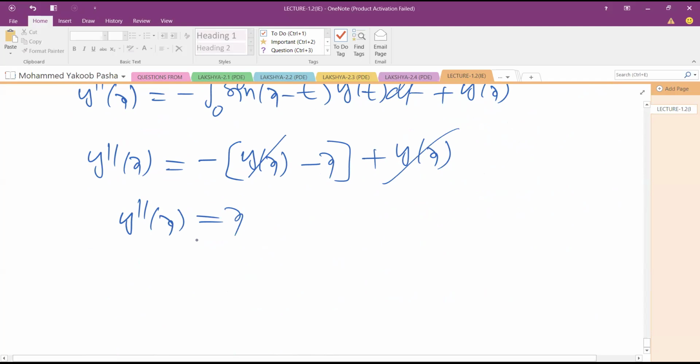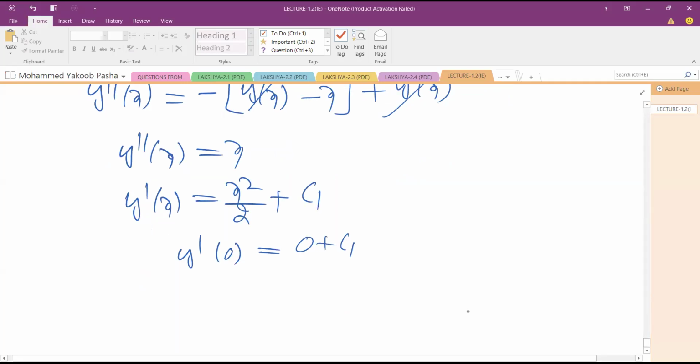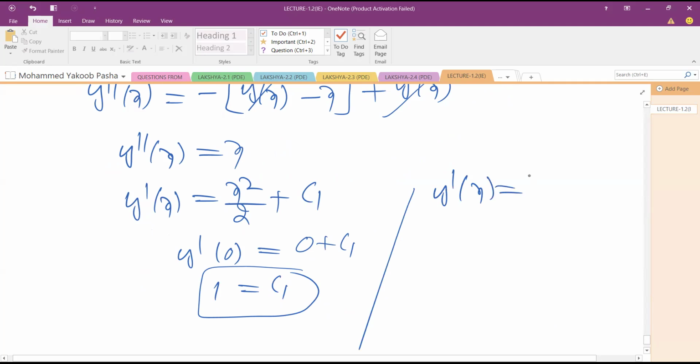So we need to calculate y of x. Integrate y double dash of x, that is equal to x square by 2 plus arbitrary constant c1. And y dash of 0 becomes 0 plus c1. As we know that y dash of 0 is 1, c1 is equal to 1. Substituting, y dash of x is equal to x square by 2 plus 1.